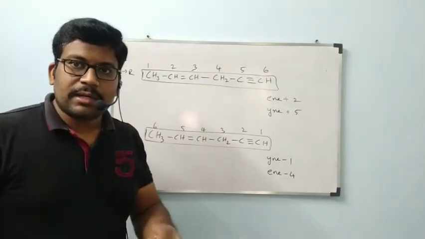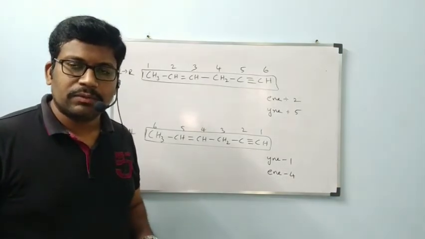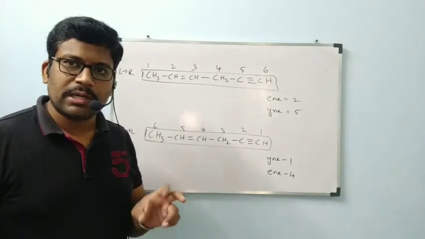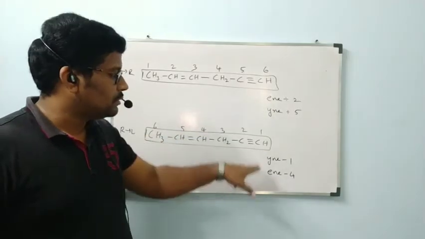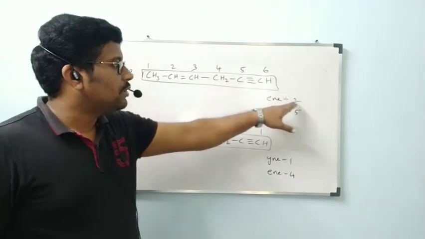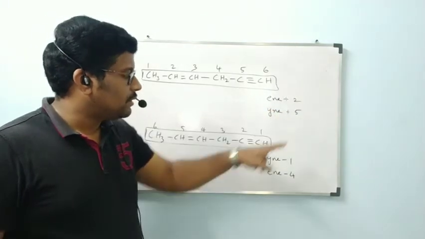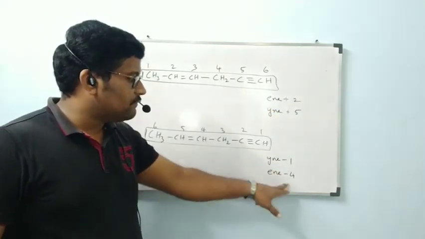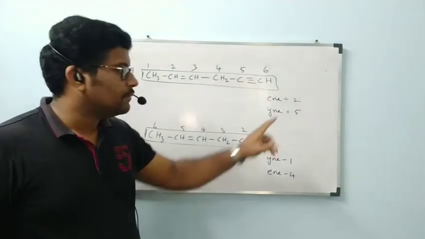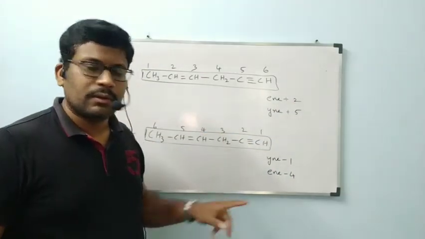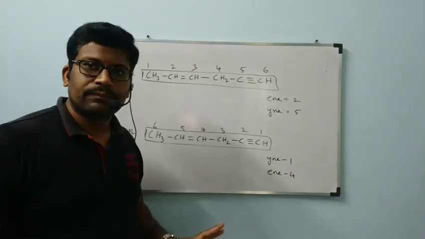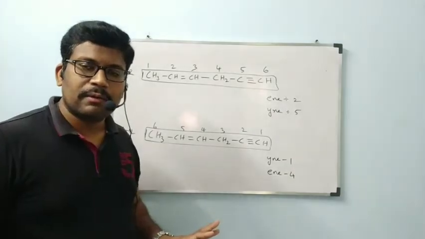When we have a double and a triple bond in the compound, ene 2, ine 5, ine 1, ene 4. Numbers observe: 2, 5, 1, 4.